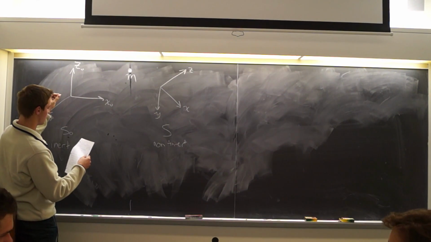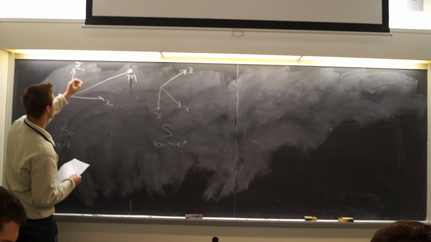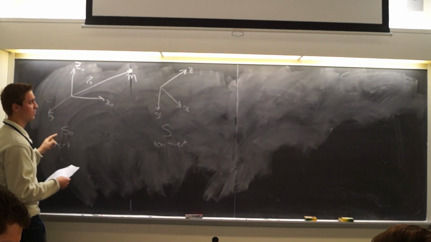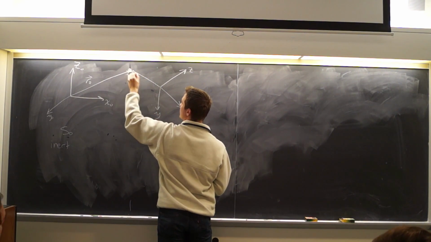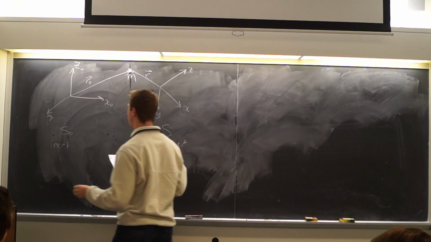First we draw a vector R naught going to here, which is what the inertial reference frame observes. Then we draw a vector from here to the particle, which is what the non-inertial reference frame observes.